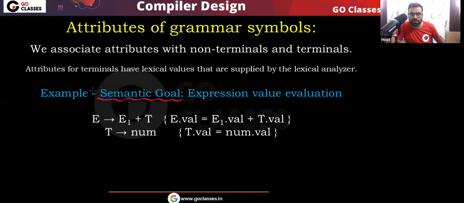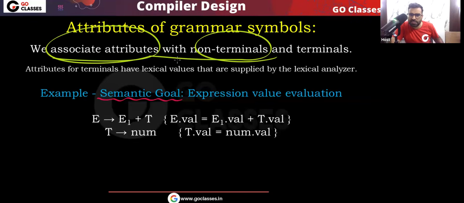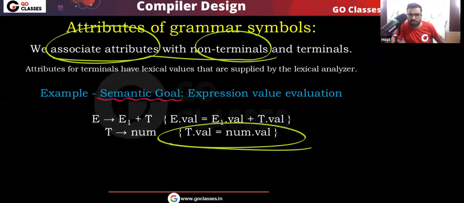One more thing, let me tell you. This we will see in a more detailed way also. But the point is, attributes for terminals have lexical values that are supplied by the lexical analyzer. Remember, the attributes that we associate with non-terminals will be computed by the semantic actions, these semantic rules.